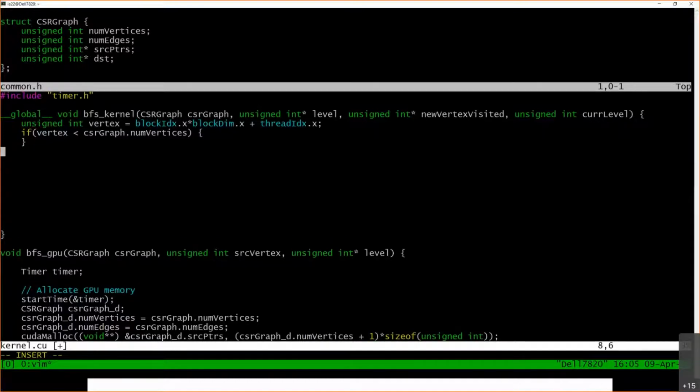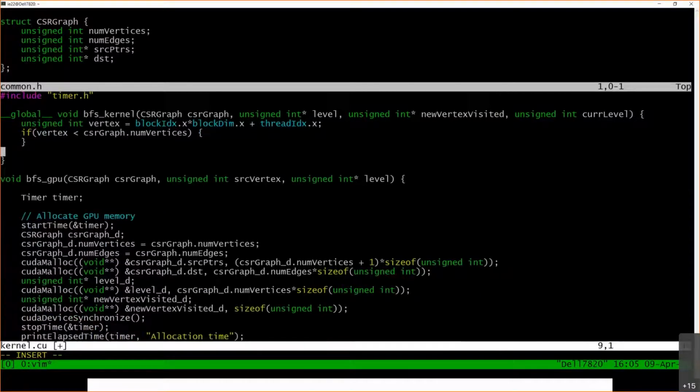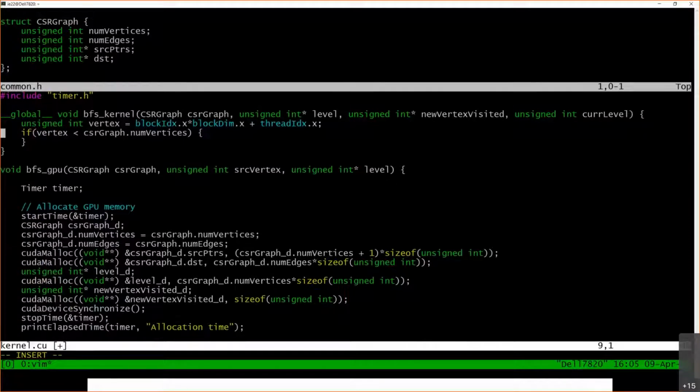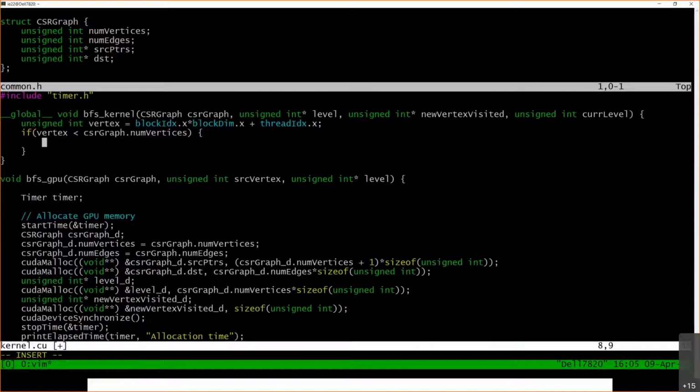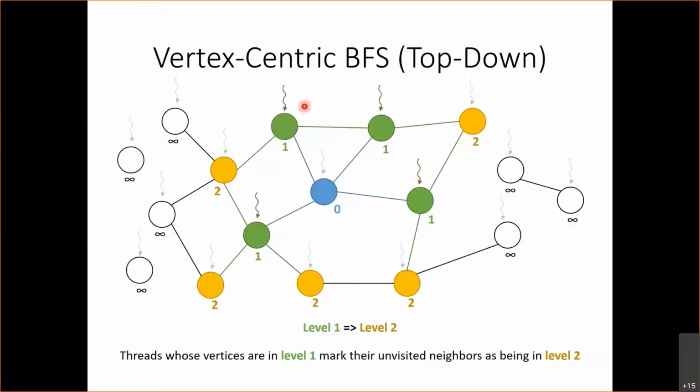Now that I have assigned a thread to each vertex in the graph, what does this vertex need to do? Well, first, the thread needs to check whether the vertex that it's responsible for is in the previous level. Only the threads whose vertices were in the previous level are going to loop over their neighbors to add them to the current level. All the other threads are not going to do anything.